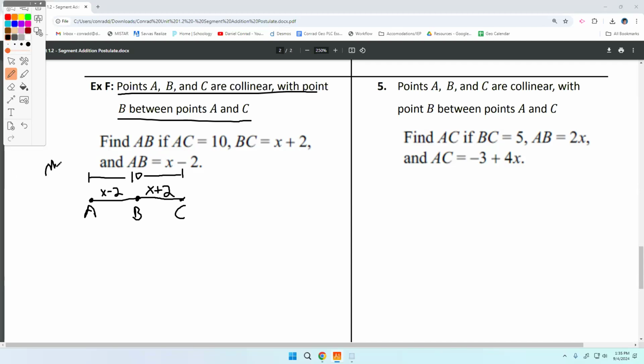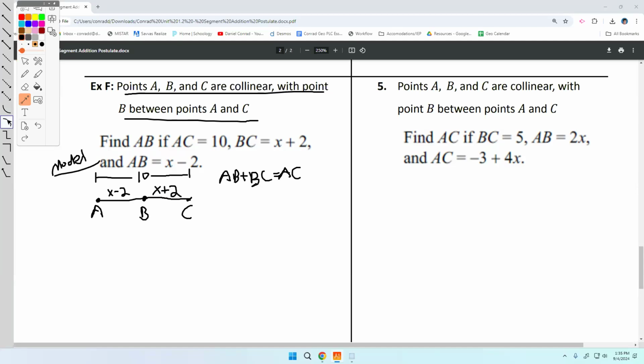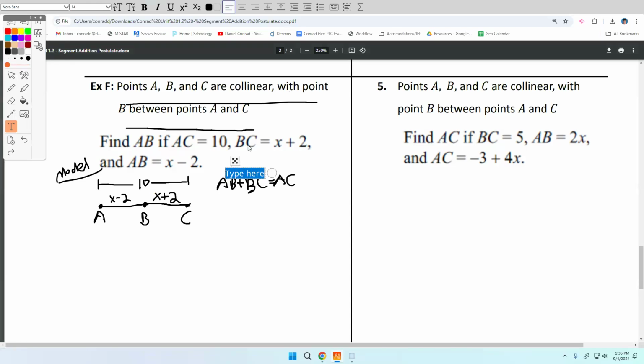Okay, we did some modeling. All right. From there, we're going to set up our equation. So we know that AB plus BC should equal AC, right? B is in the middle, so we just use the segment addition postulate.